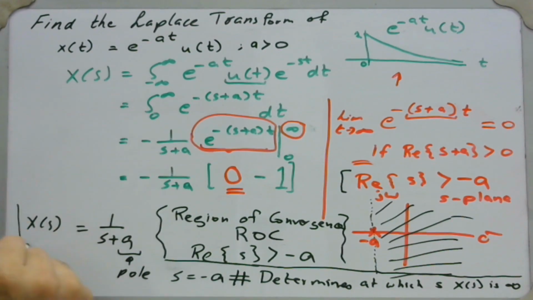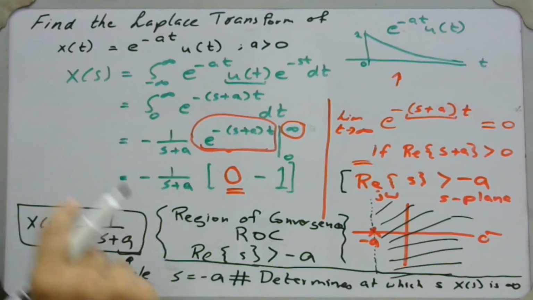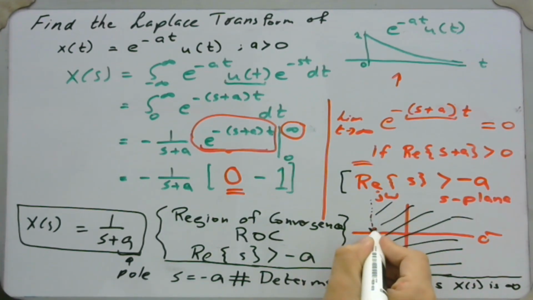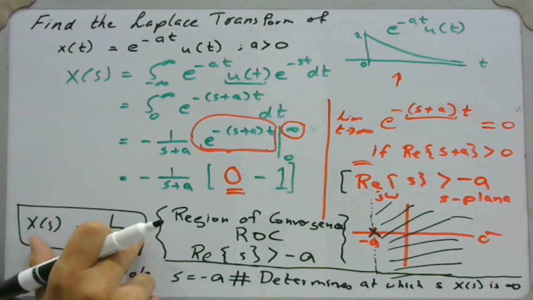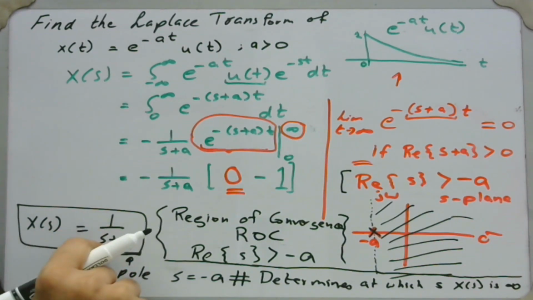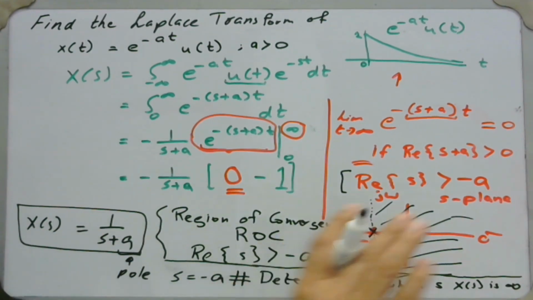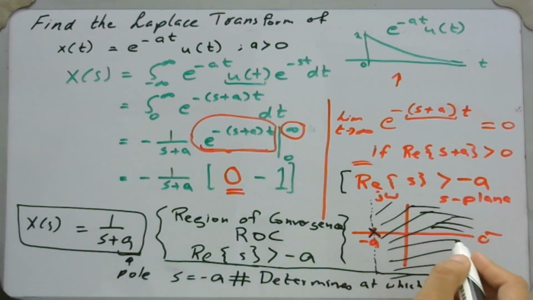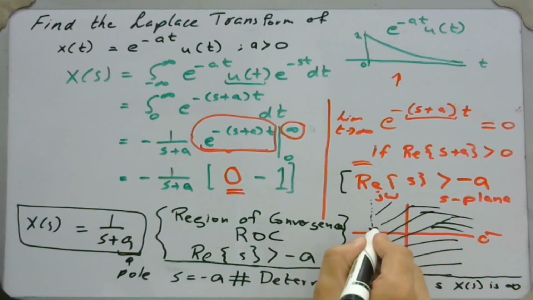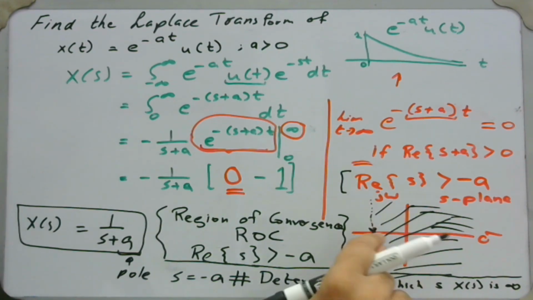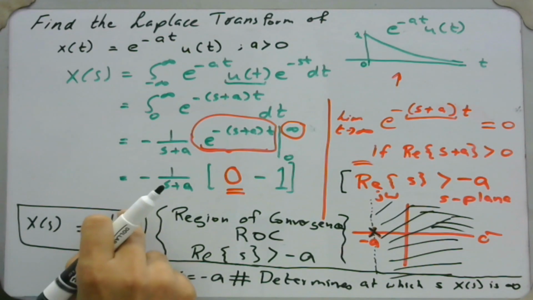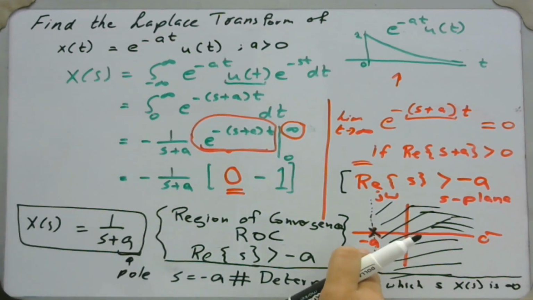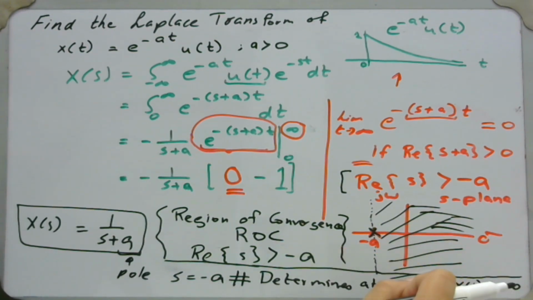In short, this algebraic expression contains one pole at minus a, which we have represented in terms of a cross. This would converge only if the real part of s is greater than minus a, so it's on the right side, in this direction. It cannot be at minus a, because if it is at minus a, the overall value of X of s would approach infinity. So poles are not included in the region of convergence.